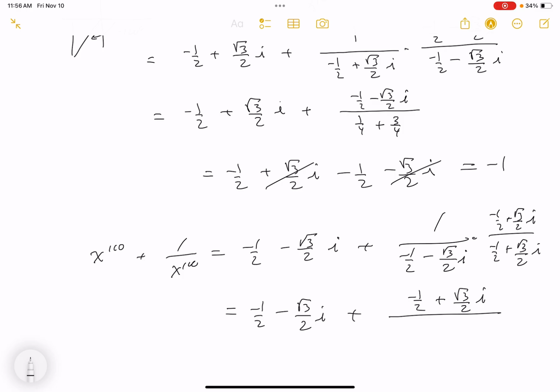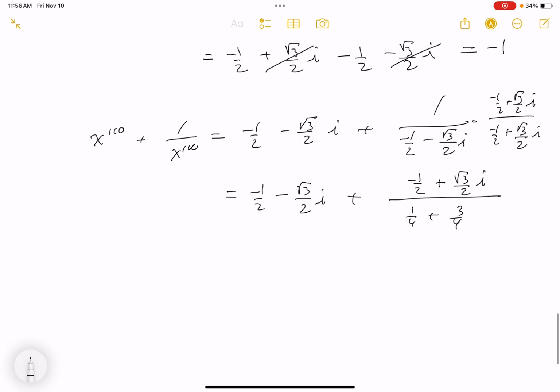On bottom, what do you get? You get 1/4 plus 3/4 again, which is 1. Isn't that pretty easy? Let me cross that out.